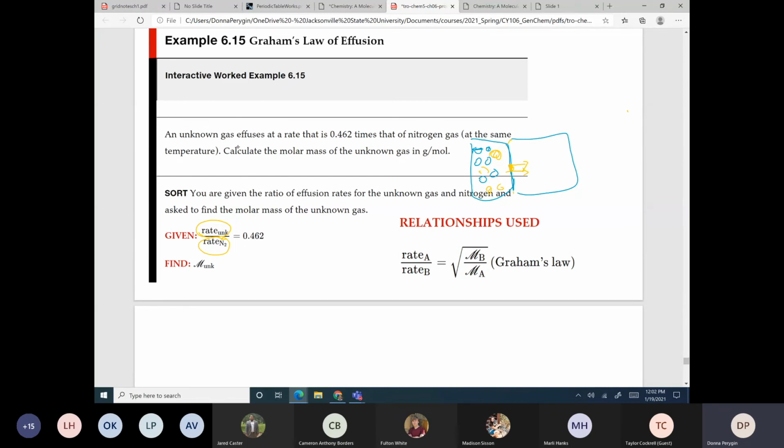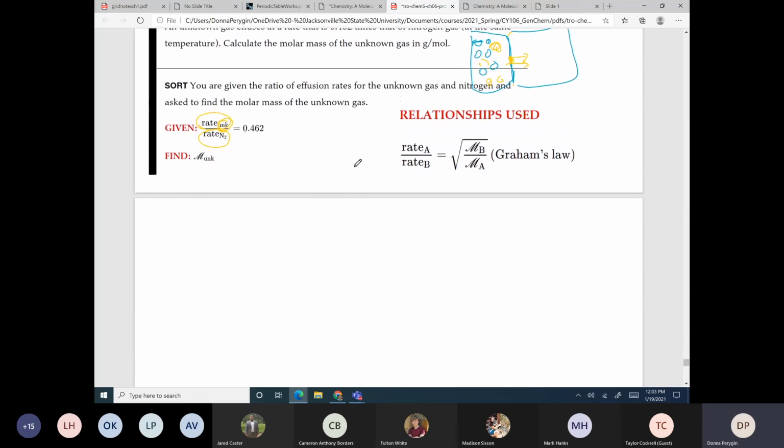So an unknown gas effuses at a rate, so in other words, for this unknown gas we don't know the molecular weight of it, that is 0.462 times that of nitrogen gas at the same temperature. Calculate the molar mass of the unknown gas in grams per mole.